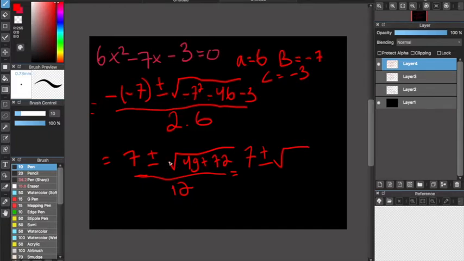What is 49 plus 72? It's 121, divided by 12. And then, let's move to another page.